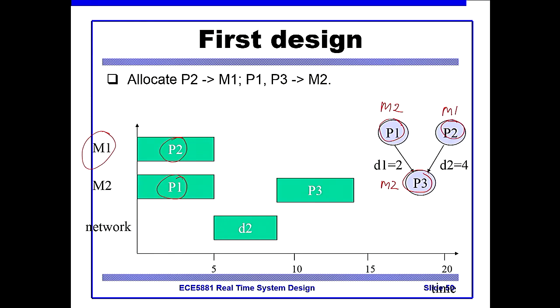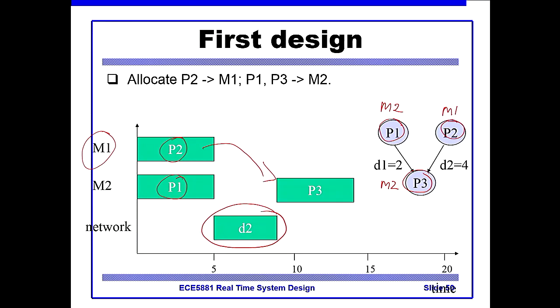So the net result is if we run P1 on M2, there's no cost to transfer the data to P3 from P1, but P2 has to transfer data to M2 to run P3. All right, so that's that cost there, D2.